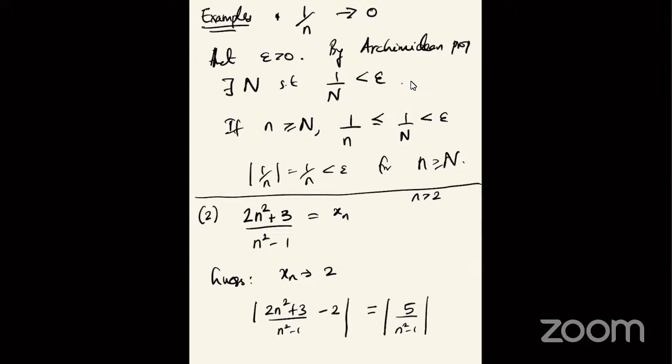In the implied way, 5 by n square minus 1 is less than epsilon is implied by (n square minus 1) over 5 being greater than 1 by epsilon, and so on. Yeah, so you can do it several ways. Given an epsilon, we want a capital N such that 5 by n squared minus 1, with n bigger than or equal to 2 so it's all positive, is less than epsilon.